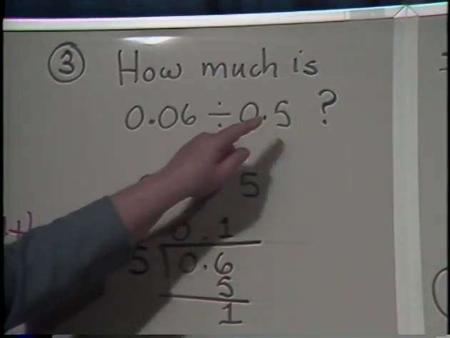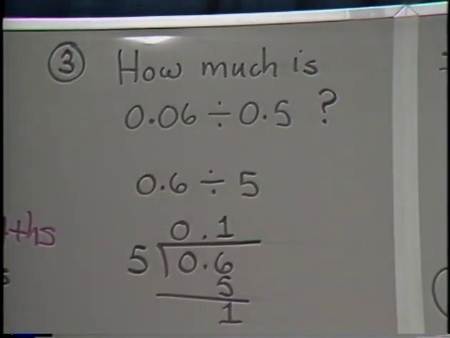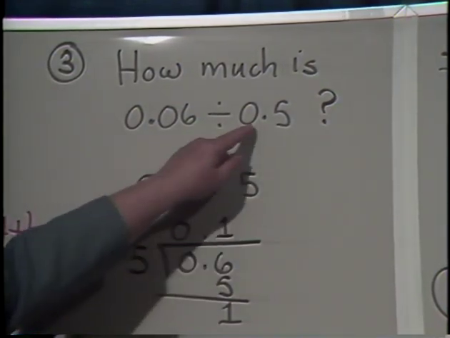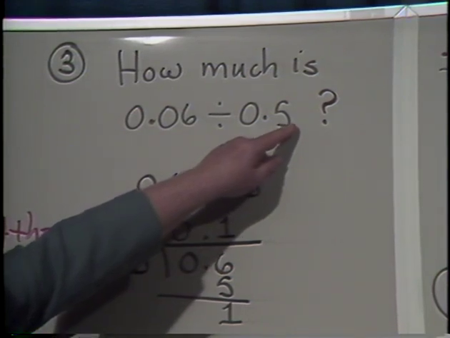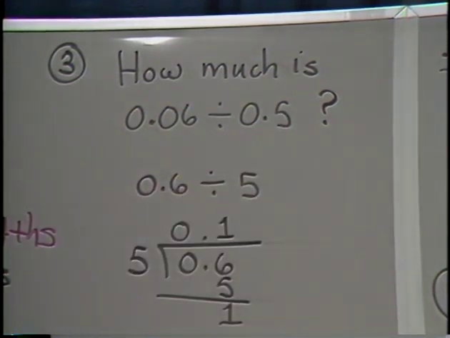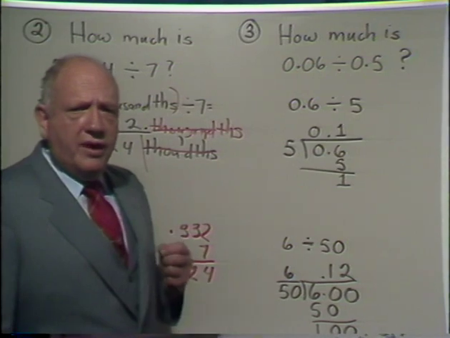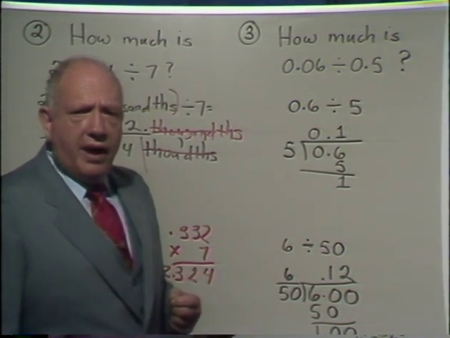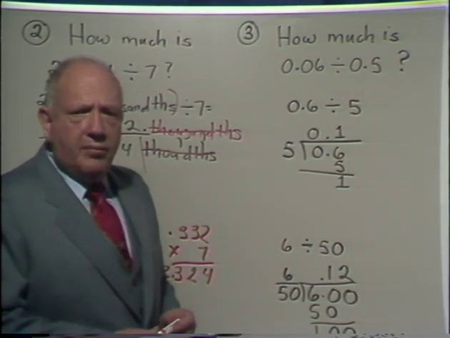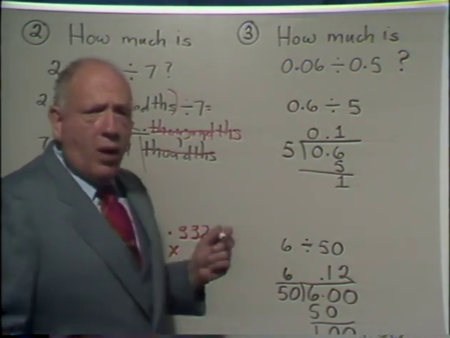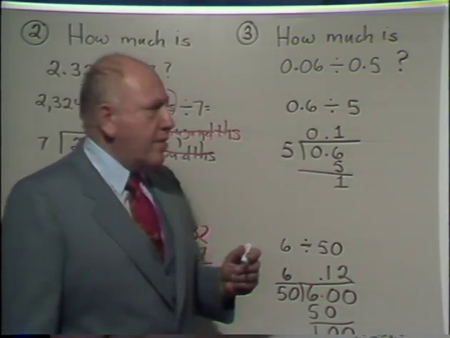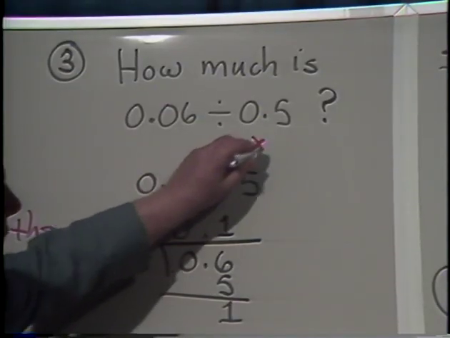Where would the decimal point have to go to make this into a whole number? Wouldn't the decimal point, if I moved it over to the right of the 5, make this a whole number? If I move the decimal point 1 place to the right, wouldn't that become a whole number? Sure it would. But what am I doing when I move the decimal point 1 place to the right? I'm multiplying by 10.